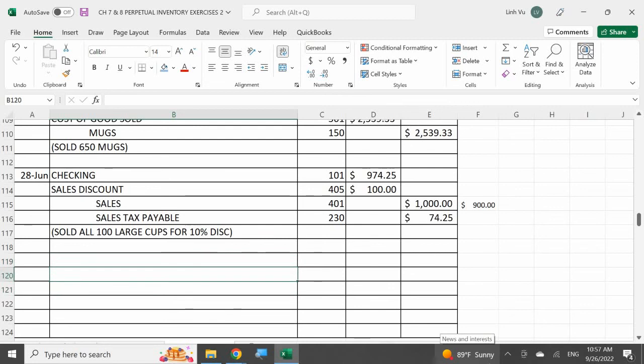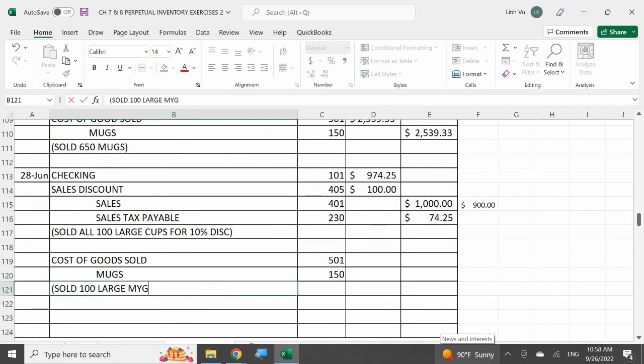So how do I update my inventory? Cost of goods sold. Good. Cost of goods sold. And I'm going to get rid of it by taking it out from my inventory. And I'm going to make a note here that I sold 100 large mugs.